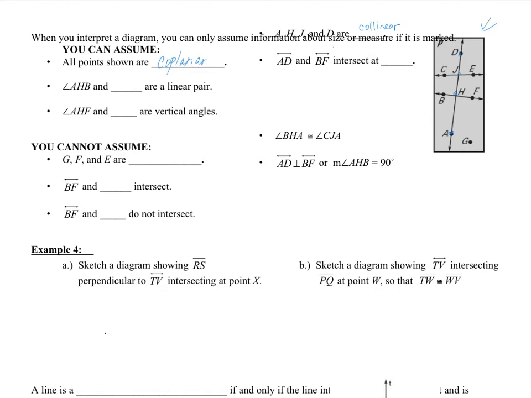And if you look at angle AHB, you can assume that it is a linear pair with angle BHD. And for line AD and line BF, they intersect at point H. And for angle AHF, it is vertical to angle BHD.